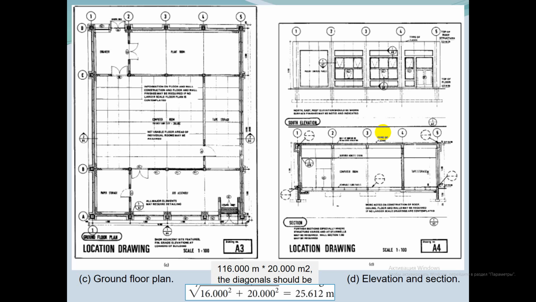After the corners have been staked, diagonal distance on line or offsets can be measured to verify the layout. That is, for the building shown, 16 by 20 meters, the diagonal should be 25.61 meter.